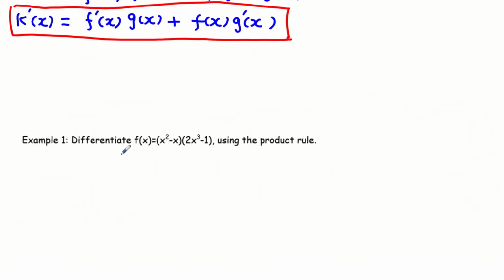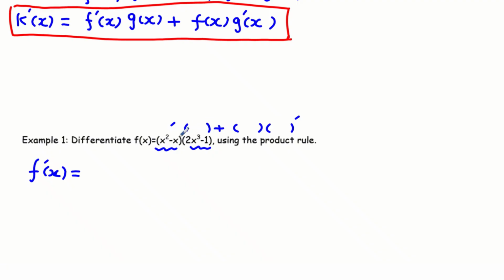So now we have a function to differentiate. It means you are looking for the derivative of this function, f prime. So f prime of x equals, this time we have these two functions multiplied. So using the product rule means first function derivative times second function, plus first function times second function derivative.